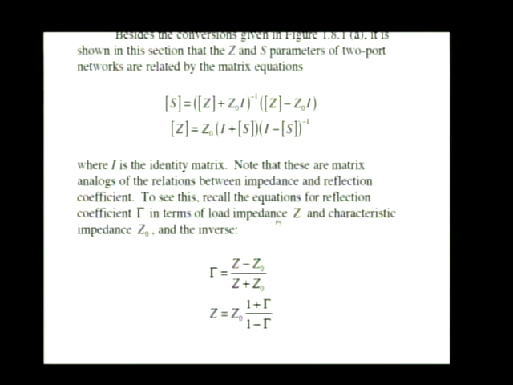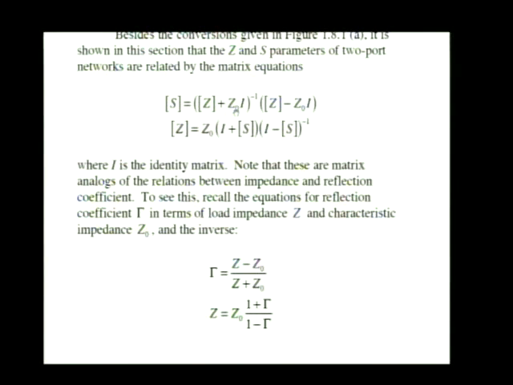Compare with the equations up above. They're basically an identical form. Z minus Z0 divided by Z plus Z0, or Z minus Z0 times Z plus Z0 inverse.